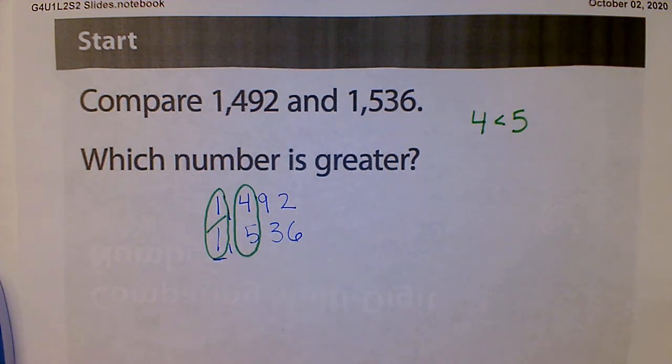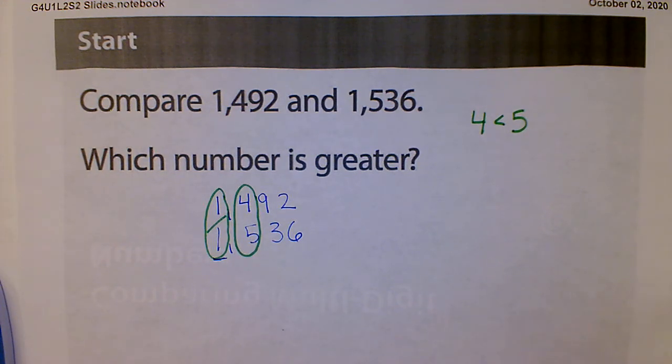So this 4 is not really 4, it's 400. Because it's in the hundreds place, it's 400. And this 5 is really 500. So what we want to do is we want to show that we know that these are 400 and 500. And I bet you also know that 400 is less than 500.